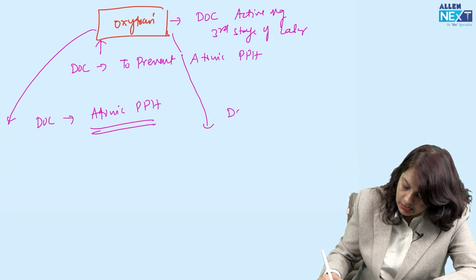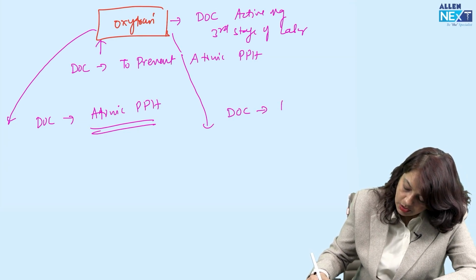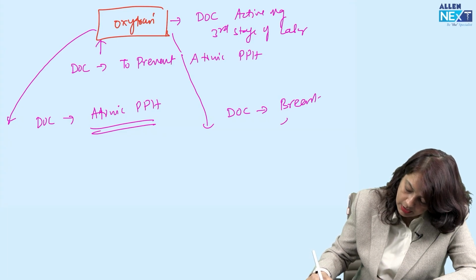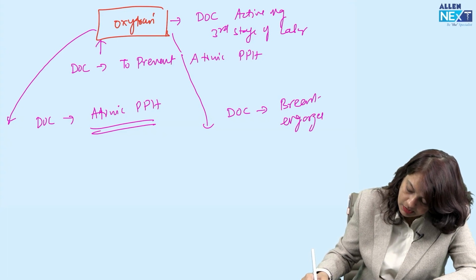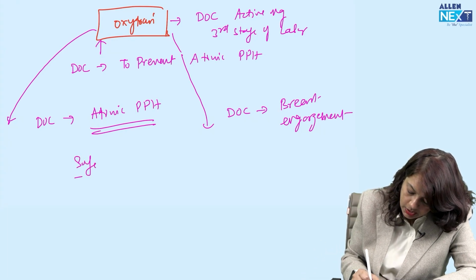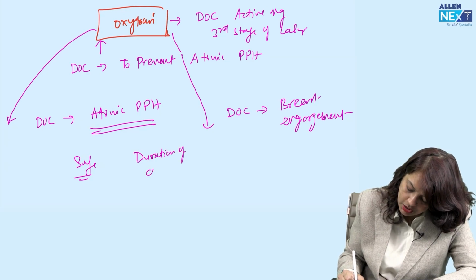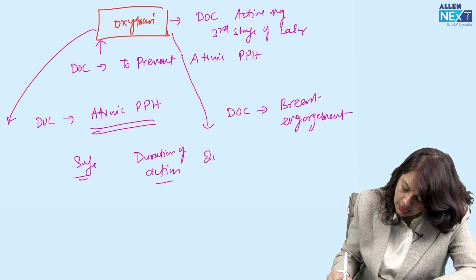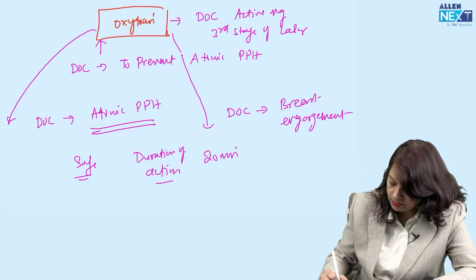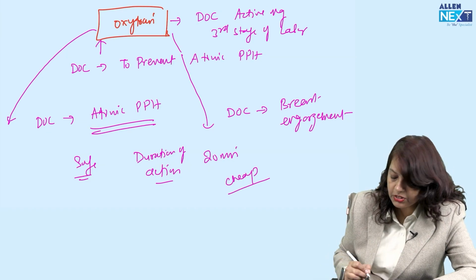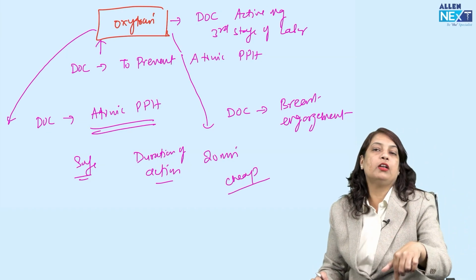Oxytocin is a drug used if there is breast engorgement, and oxytocin is a very safe drug. Duration of action is only 20 minutes. It is a very cheap and easily available drug.